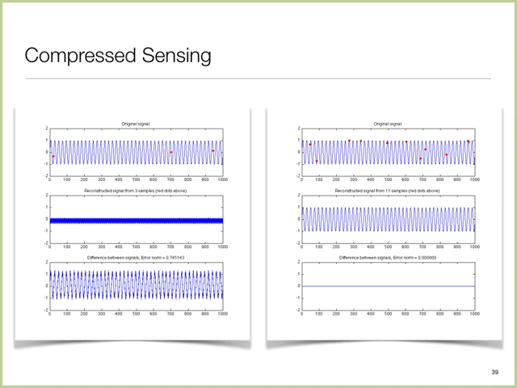For example, we may know that it's sparse in the frequency domain because maybe it has a small number of resonant frequencies at which it works, or if you don't know what domain it is sparse in, then it turns out that just doing random projections works nicely.